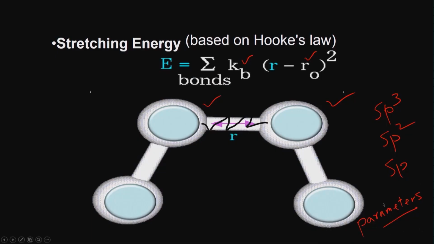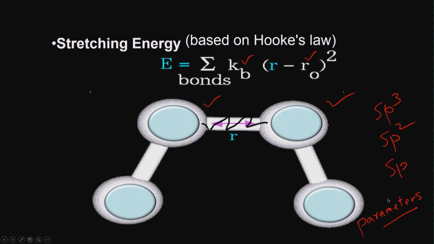So each one of them will have different R naught, different Kb. Similarly, carbon oxygen can be an ether bond, a ketone bond, in a benzene ring, or in a 5-membered ring. So you will have different values for R naught and Kb for different situations. So I need a big database of that, and that is called parameterization. So I need to have parameters.